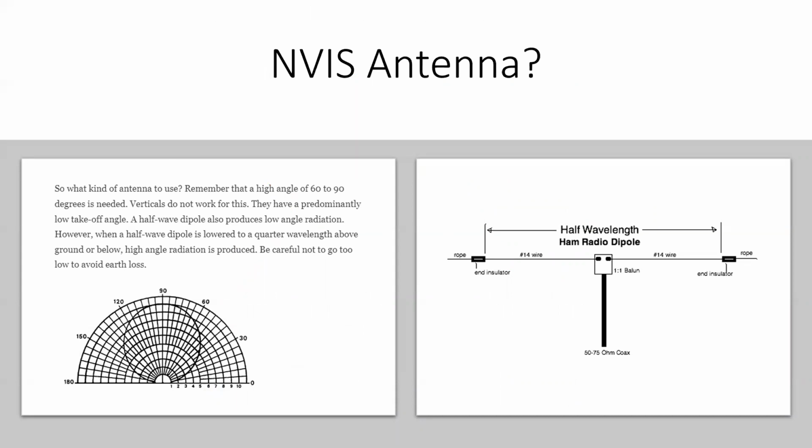There's going to be a lot of radiation straight up, because for horizontal antennas that are not very high in terms of wavelength, you get reflections off the ground and it radiates at high angles, and it's great for NVIS.